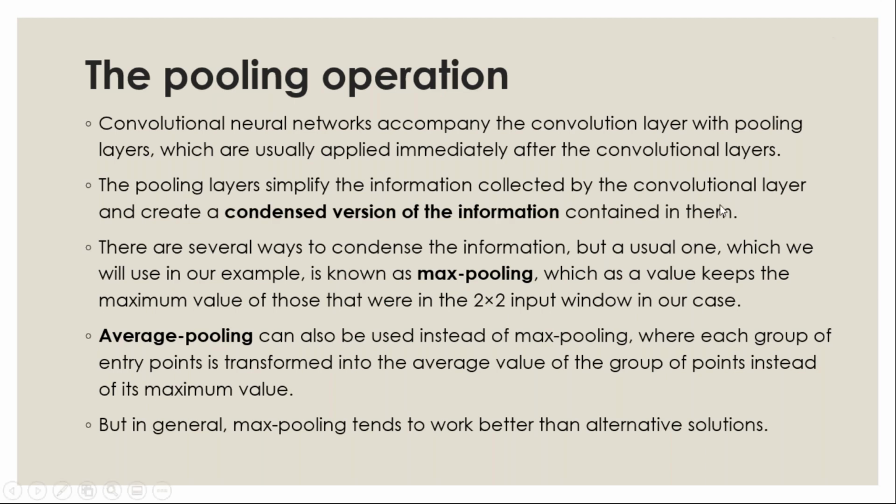Okay. Next, come to what is pooling. Pooling is nothing but a condensed version of the information. The filter reduces the size, 5x5 is reduced into 4x4. But that 4x4 also has some unwanted pixels, so you have to eliminate the unwanted pixels in the 4x4.